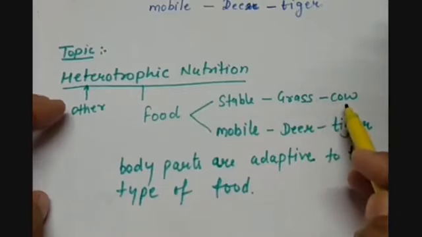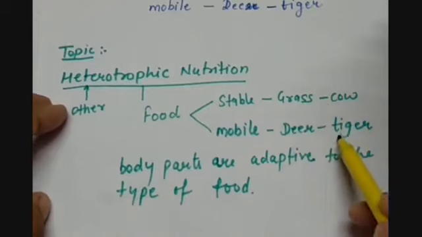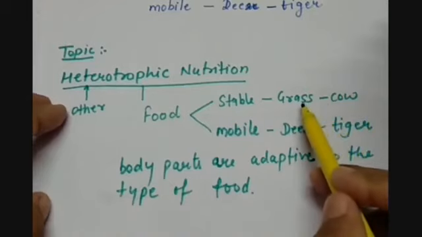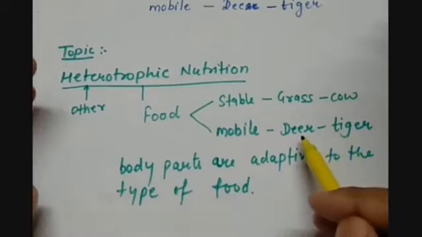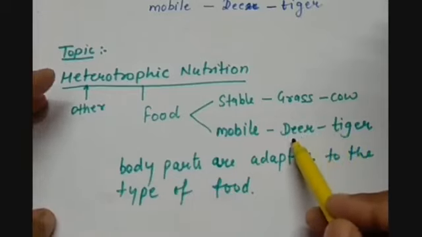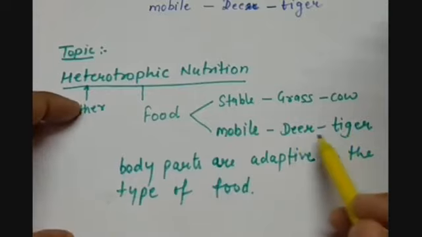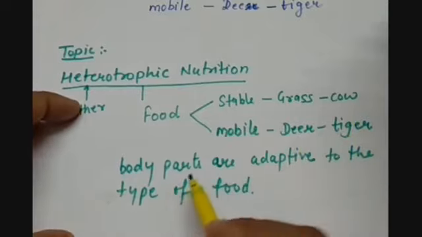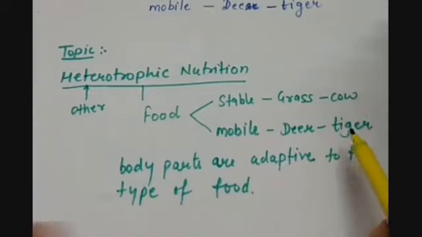Accordingly, its body is designed to digest grass. A tiger does not eat grass. He is able to run and catch his prey, and that's why he eats other organisms which are mobile. So it depends on the body parts which are adaptive to a particular kind of food. Only then do organisms choose a particular category of food to eat.